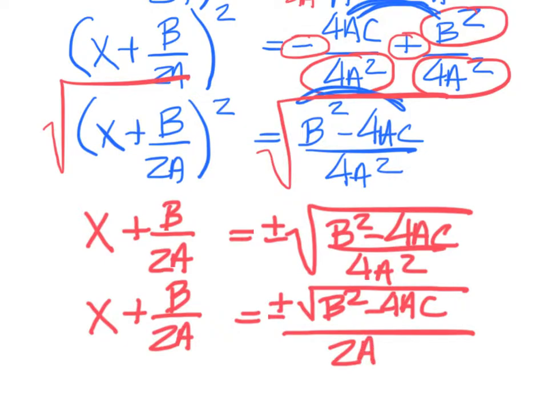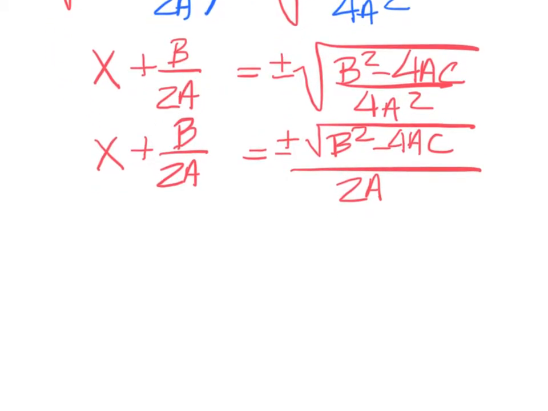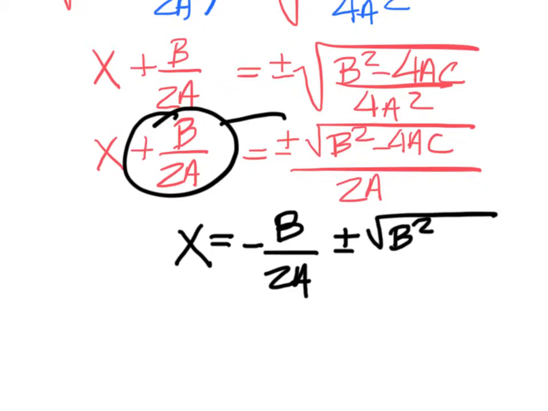All right. So look what happens now. Let's move this to the other side. And you come up with negative b over 2a plus or minus the square root of b squared minus 4ac over 2a. Do those two fractions have the same denominator?